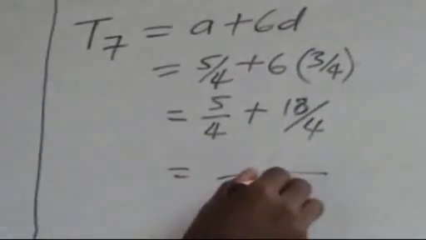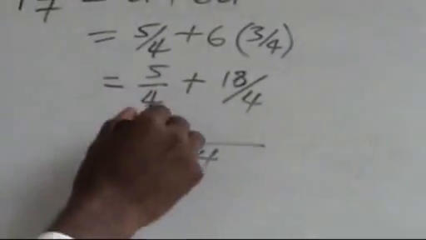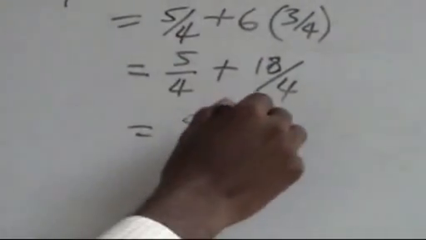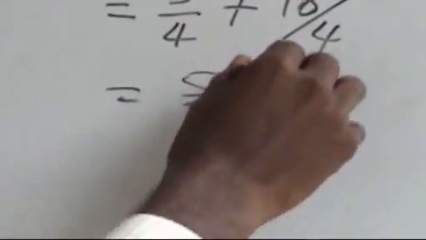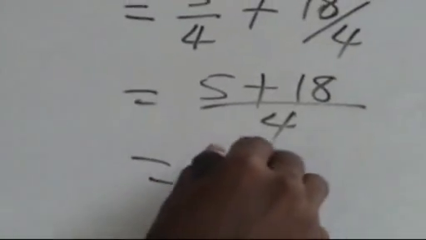The LCM here is 4. 4 divided by 4 is 1, 1 times 5 is 5, plus 4 divided by 4 is 1, times 18. We have 18 there. So 5 plus 18 is 23 over 4. That is our T7, which is the seventh pole.